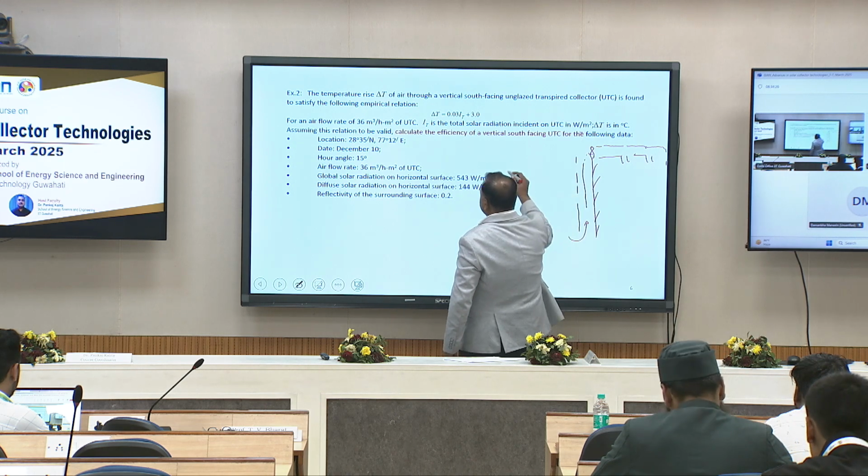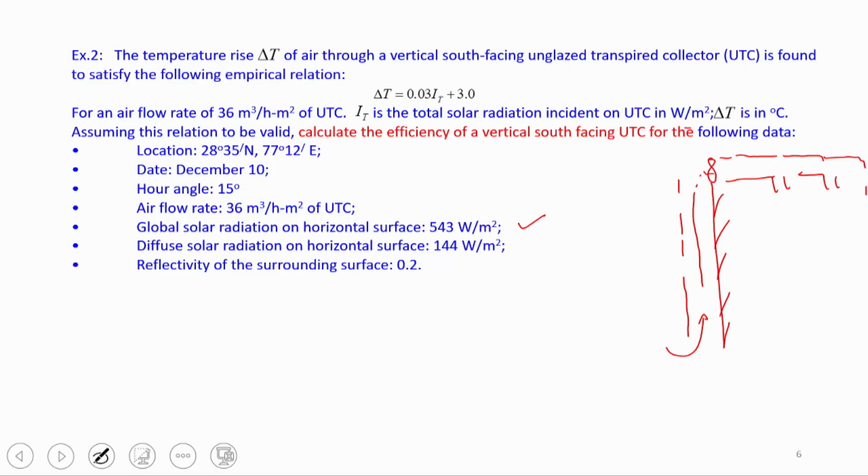The global radiation is given, and then diffuse radiation is given, and you need to find out the total radiation on the UTC, and also the efficiency of the system by using this data.